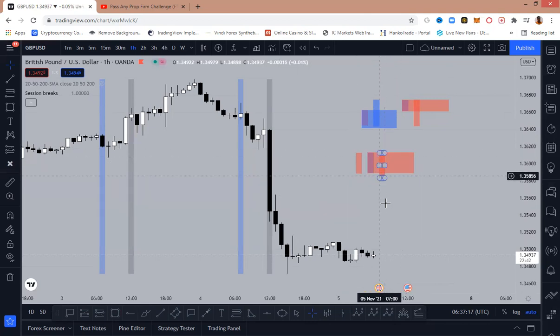You wait for price to break, come back later to mitigate, and then you take your continuation. Usually these order blocks are mitigated really quickly, especially on the lower time frames. The mitigation happens instantly, like after it's broken, the second or third candle usually comes back to mitigate, and then price continues.